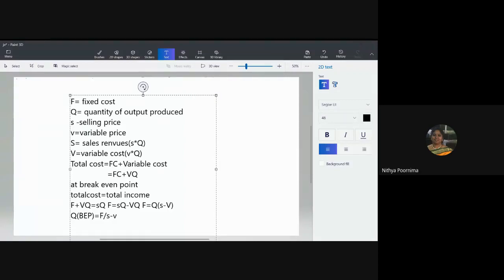Nihal U. Shetty. Yes, ma'am. Prayag Vasudev.